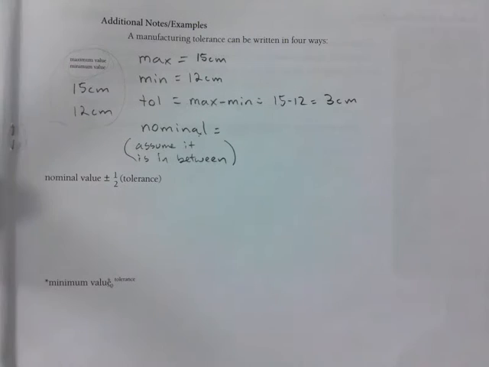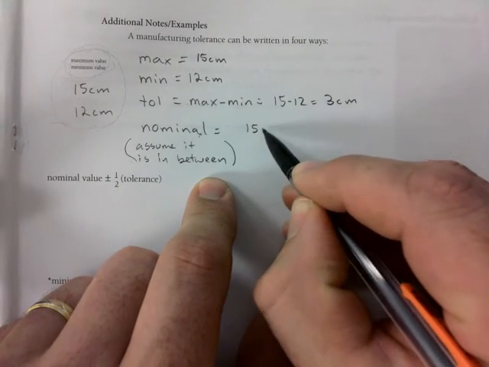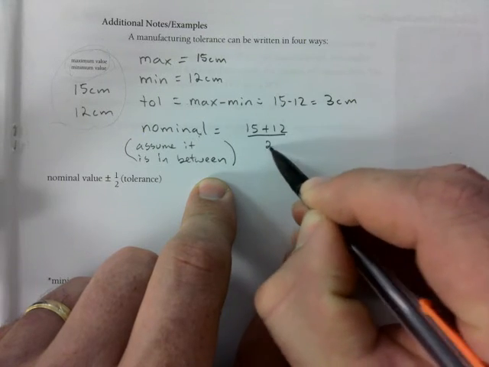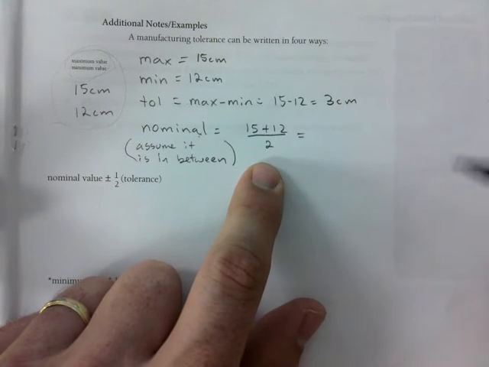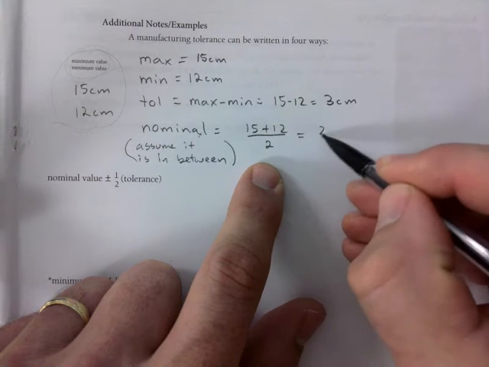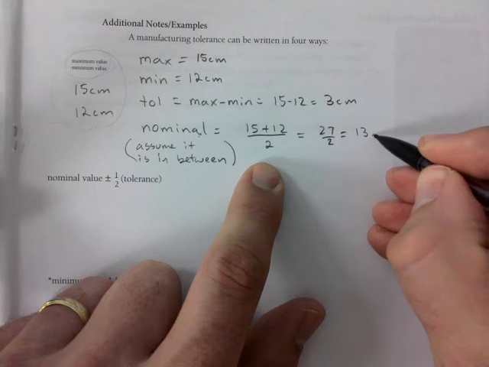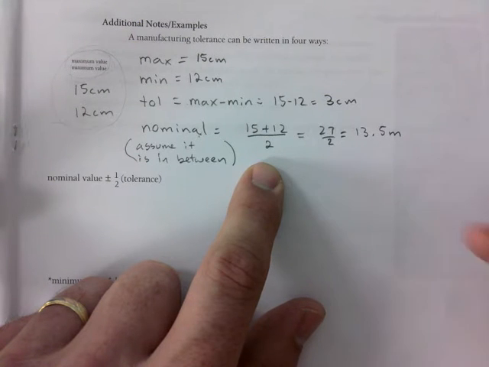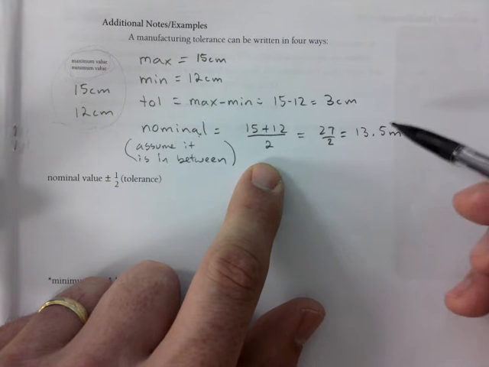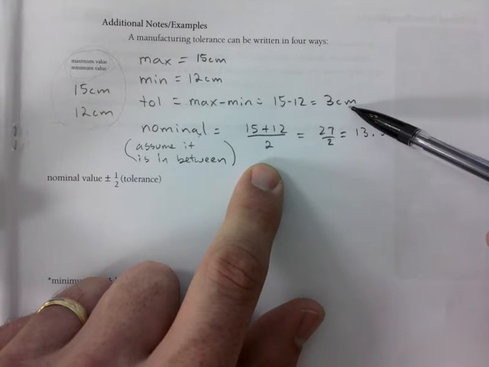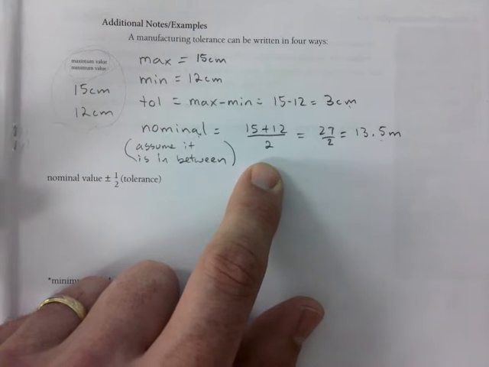If there's no big number standing solo in front of the whole thing, this is the only time you have to do this: you go 15 plus 12 divided by 2. That's 27 divided by 2, which is 13.5 centimeters. So we've got our max min tolerance. 13.5 is what we're aiming for.